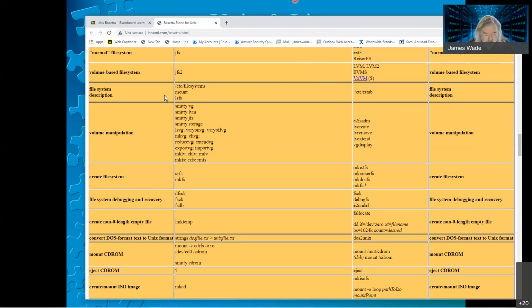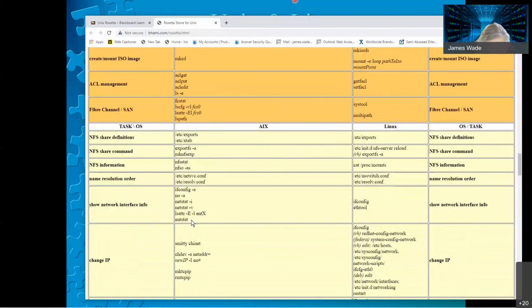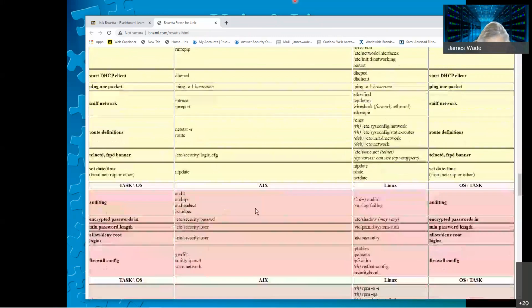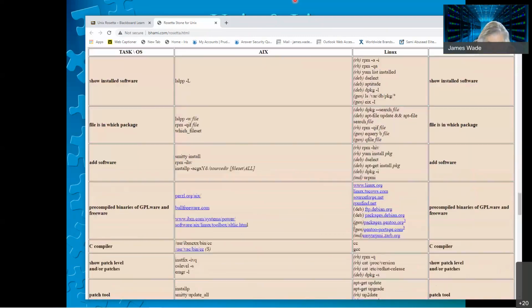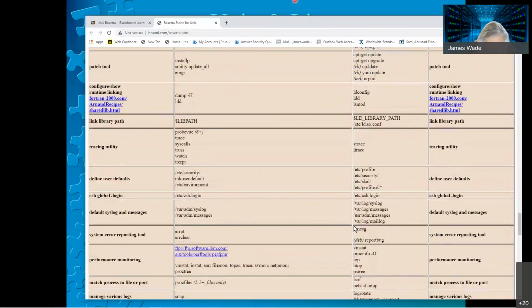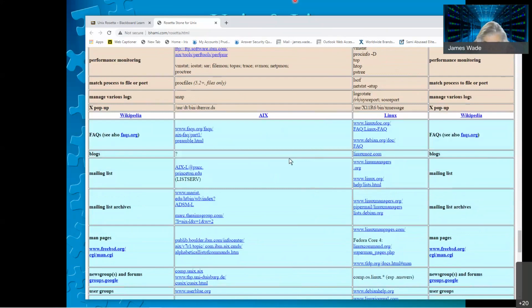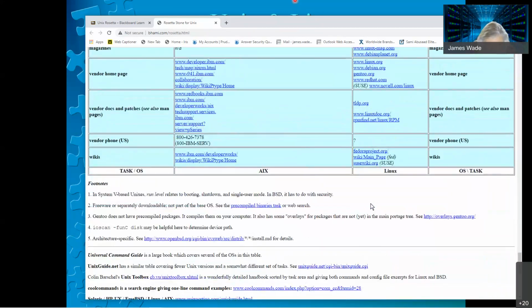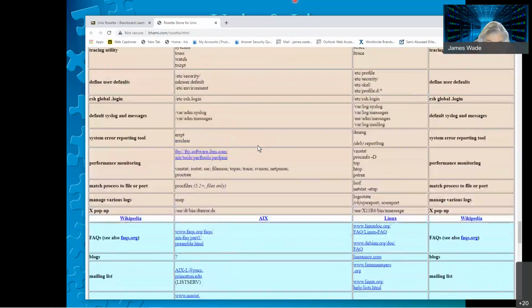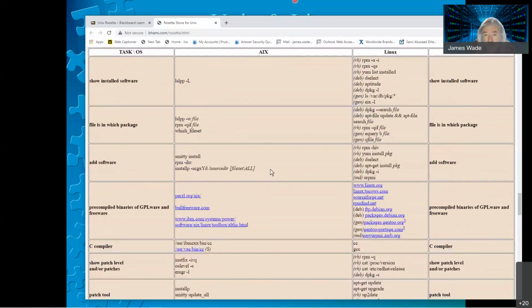Okay. So anyways, these are some of the variations of Linux. This is called the Linux Rosetta Stone. What it's doing is comparing different Unix operating systems, and you can go down through it. I used to use this for interviews.